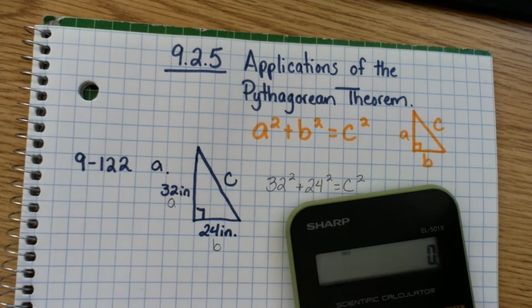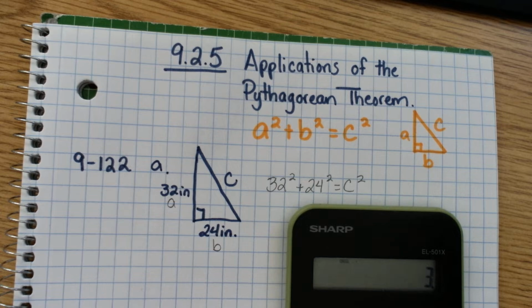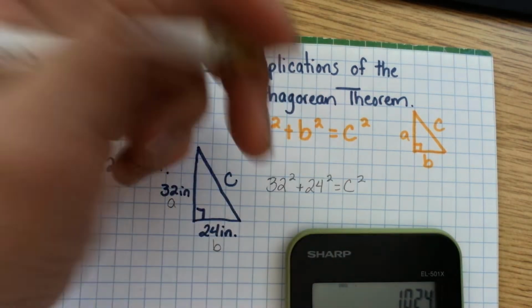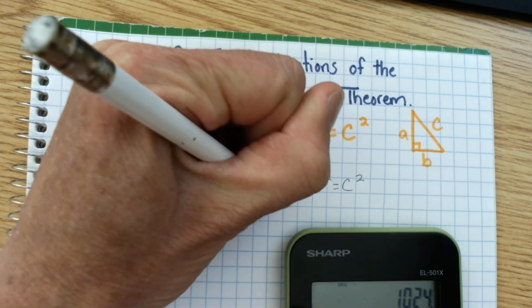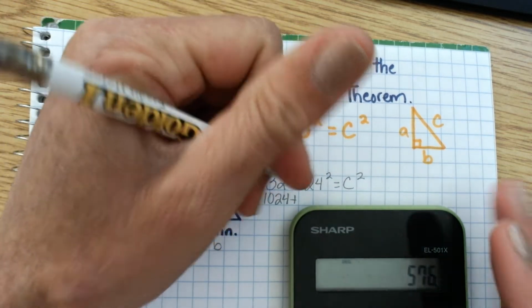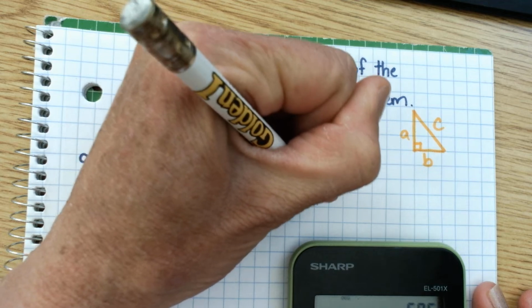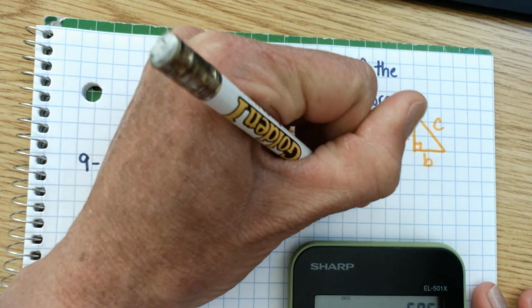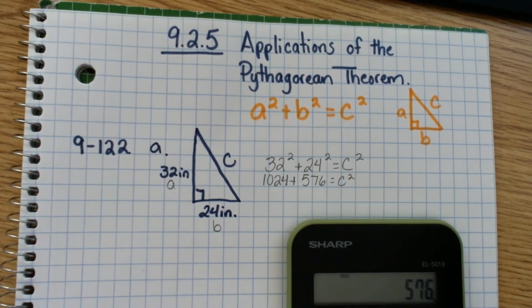Definitely need to use my calculator to help me here. So 32 squared is 1024, and 24 squared is 576, and I'll find that sum in just a minute. So that's what we have so far.